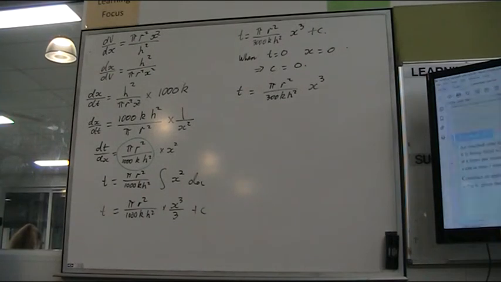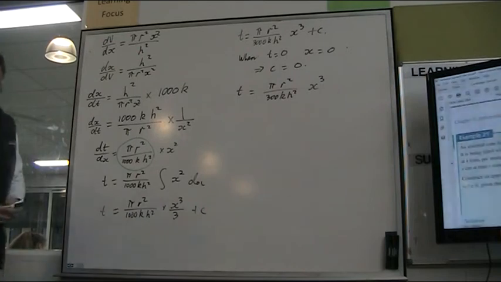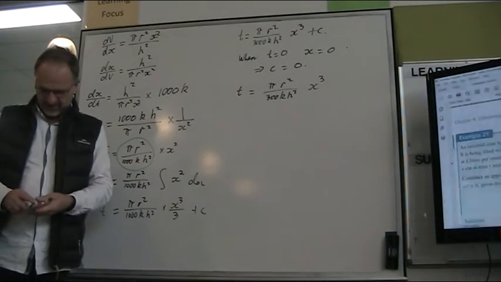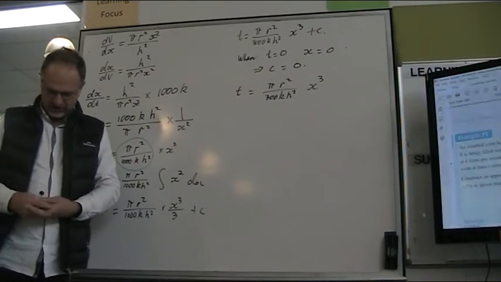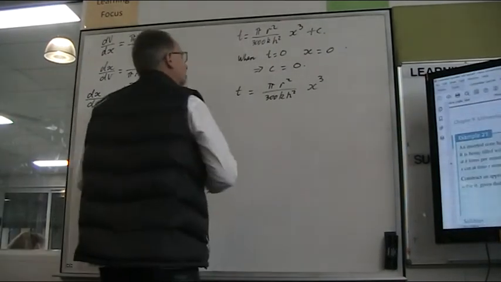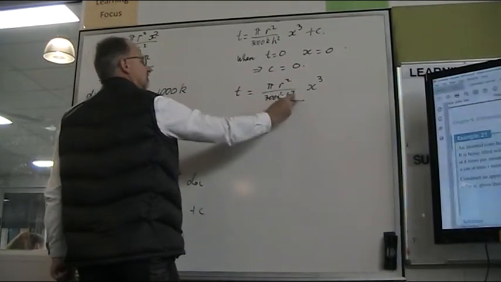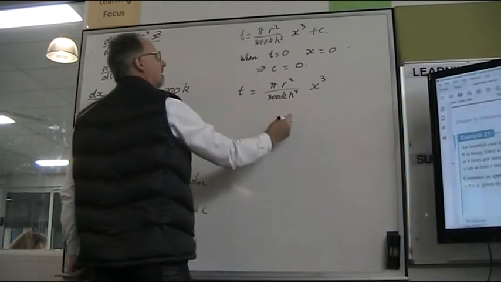All right, so we were asked to solve it, and so the question asked us about the depth of the water at time t. Well, we've got the time for a certain depth, so we need to rearrange. And so when we rearrange, oops, I forgot a 0 there.